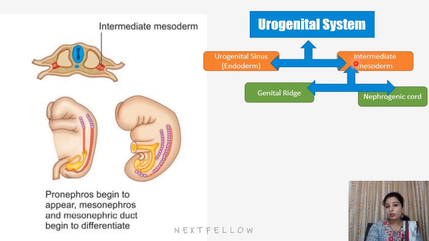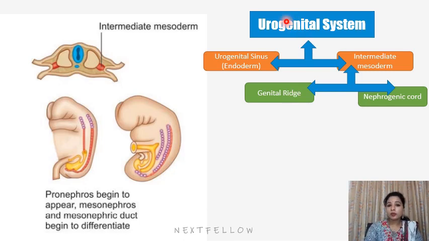Most of the urogenital system is from intermediate mesoderm, in the form of the urogenital ridge, which is divided into the nephrogenic cord and the genital ridge. The genital ridge develops to form gonads, the testes in males and ovaries in females, and the nephrogenic cords form the urinary system, the renal system, giving rise to pronephros, mesonephros, metanephros and so on.